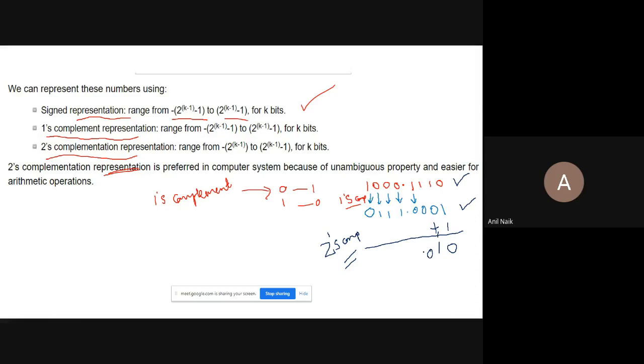So this is the two's complement of the data representation. You know these concepts from logic design, the one's complement and two's complement.